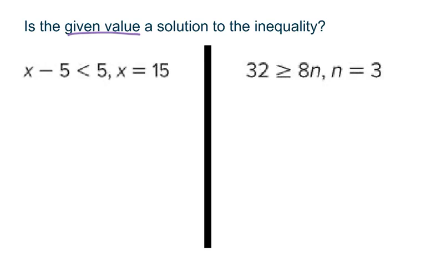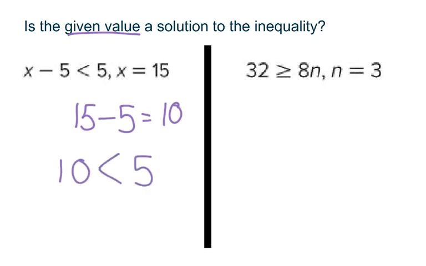Let's substitute and find out. 15 minus 5 is equal to 10, and 10 is not less than 5. So in this case, I would say no, 15 is not a solution.